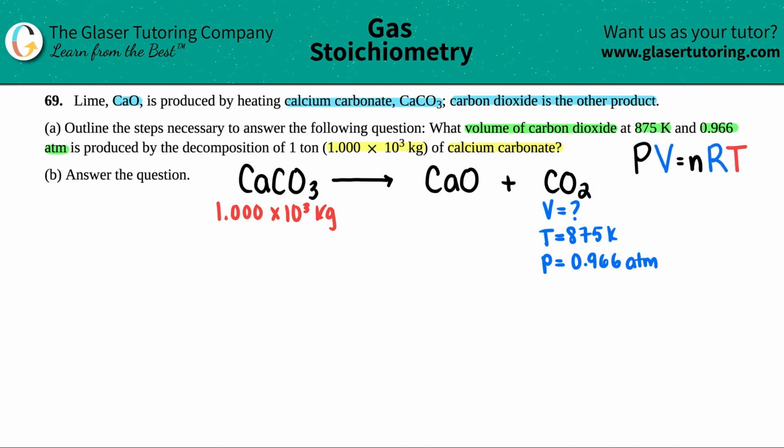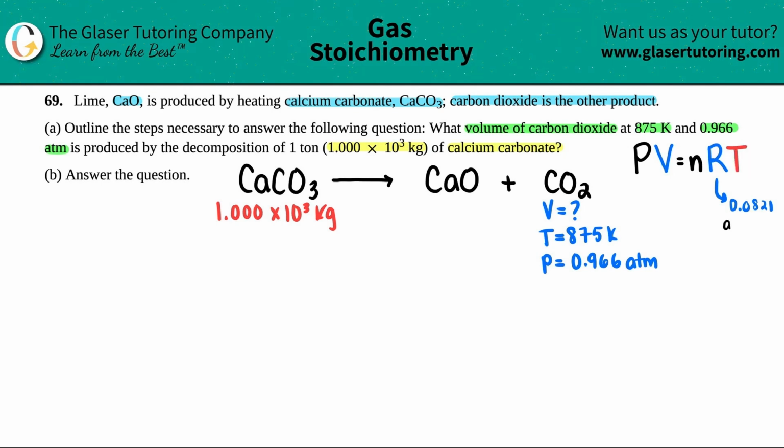Now remember, the PV equals nRT formula is very specific in terms of units because the R value, the constant gas number, has all the units linked into it. The R value is 0.0821, and there's 4 units in the R value, and that gives you the units for all the other variables.